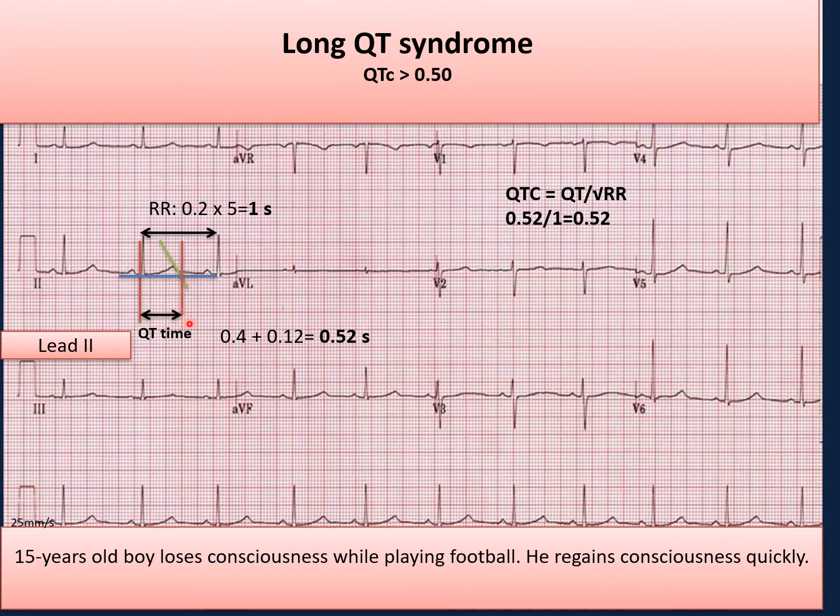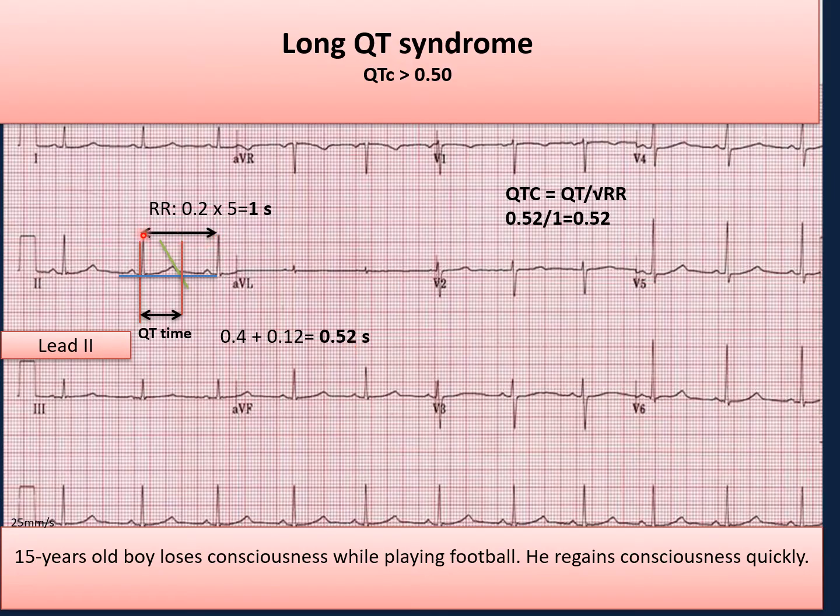Then you measure the QT time. The QT time here is 2 large squares and another 3 tiny squares. So 0.2 plus 0.2 is 0.4, and the 3 tiny squares, 0.04 times 3, equal 0.12. Adding this together is 0.52 seconds.